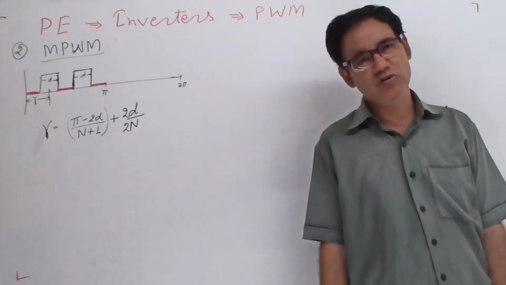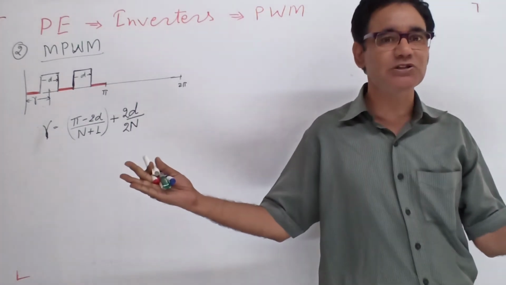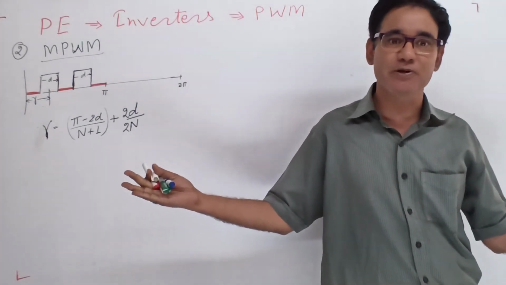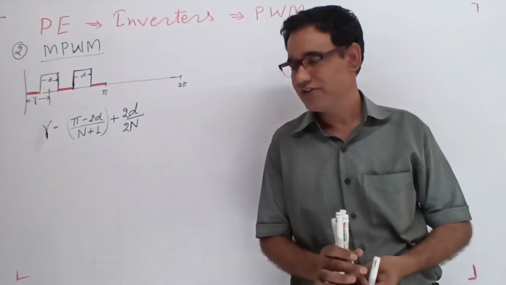This is the basic formula for any number of pulses, maybe 2 pulses, maybe 3 pulses, so we can easily control with any number of pulses.